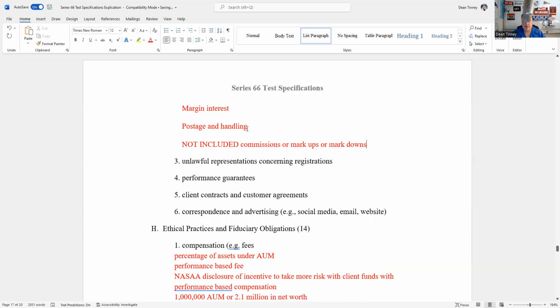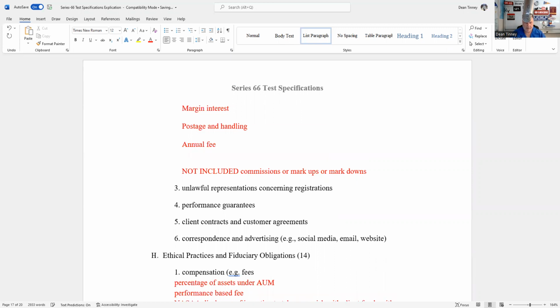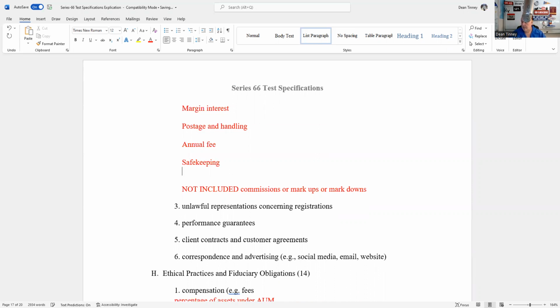We might even have an annual fee for your account, an account maintenance fee perhaps, and maybe we charge you for safekeeping perhaps. Okay, so those are some of the required disclosures.